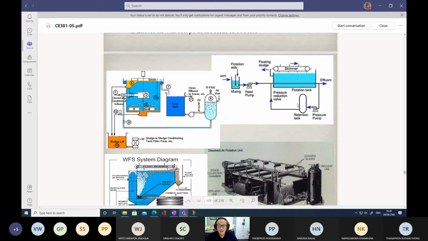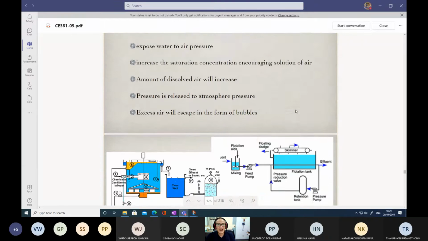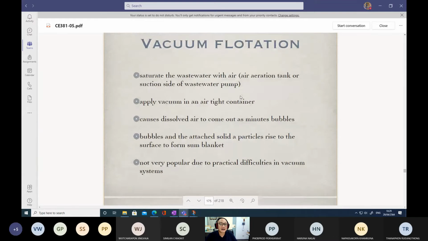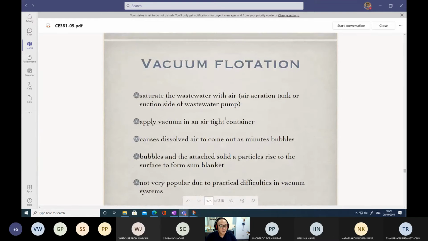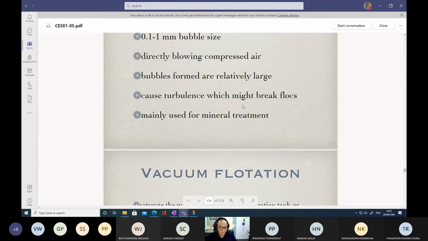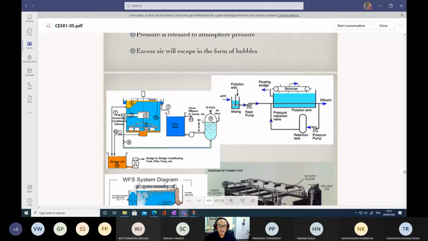The air is blown into the water in this tank under a pressure of 2 to 4 atm, not under atmospheric pressure like in the case of vacuum flotation or dispersed air flotation.